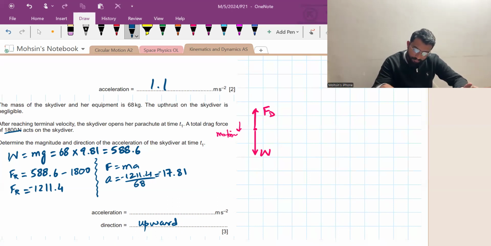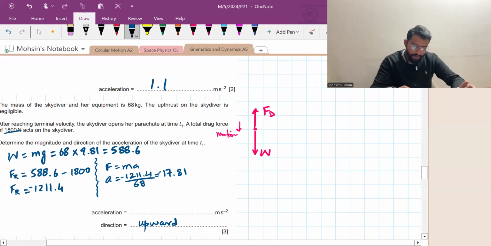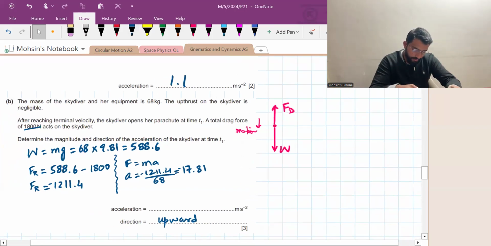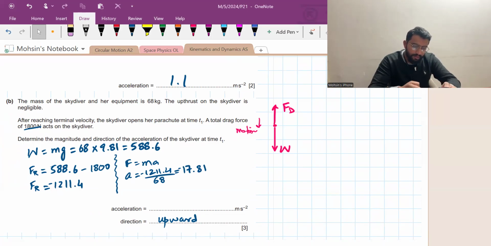Let me recheck. I'm getting 17.8. 68 into 9.81 gives us 667. Okay, I made a mistake here.